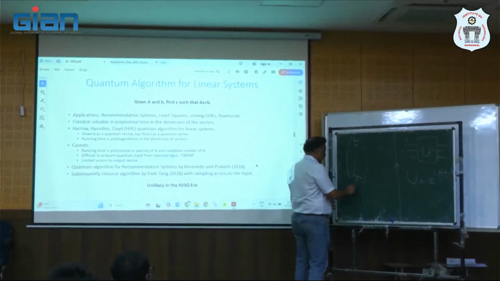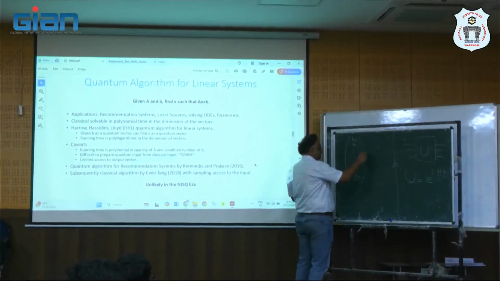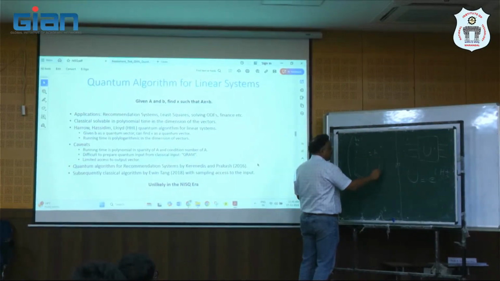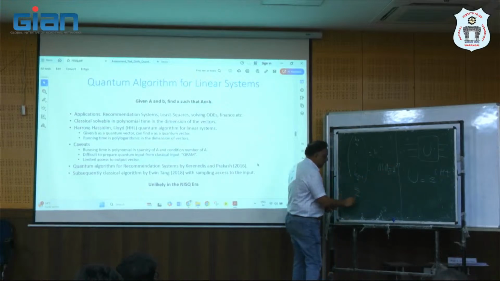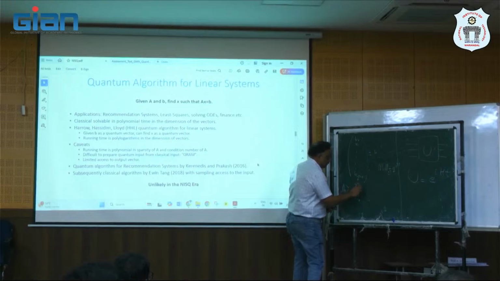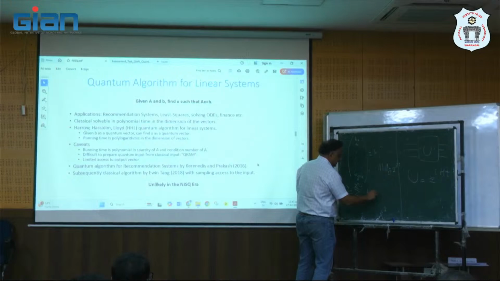So suppose I have such a vector B, and suppose the L2 norm of B is 1. Then what can we do? We can write the state ket B as the sum over i from 0 to 2 to the n minus 1 of b_i ket i, correct?